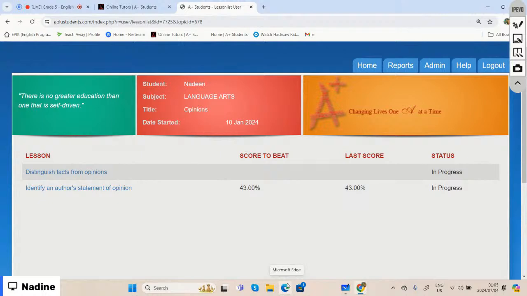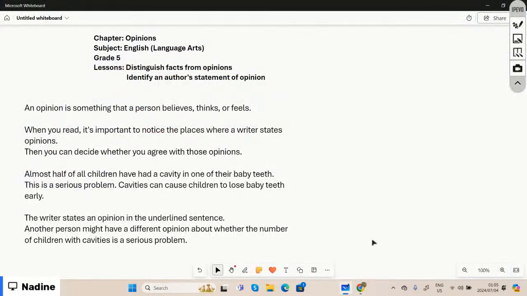All right. So, the chapter is opinions. Our subject is English Language Arts, grade 5.